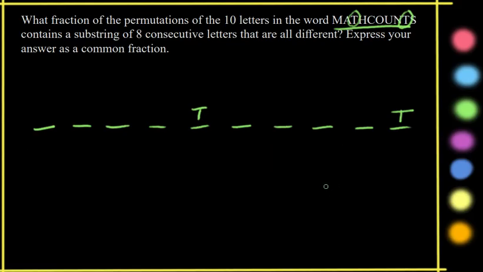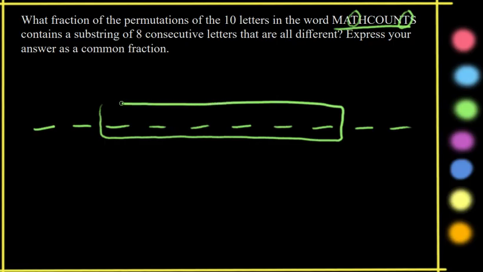Well, it turns out you have to put both T's somewhere in the middle. So let's say you put both T's in this region here. If I put both T's in here, then that is exactly the ones where I won't have this substring of 8 consecutive letters.